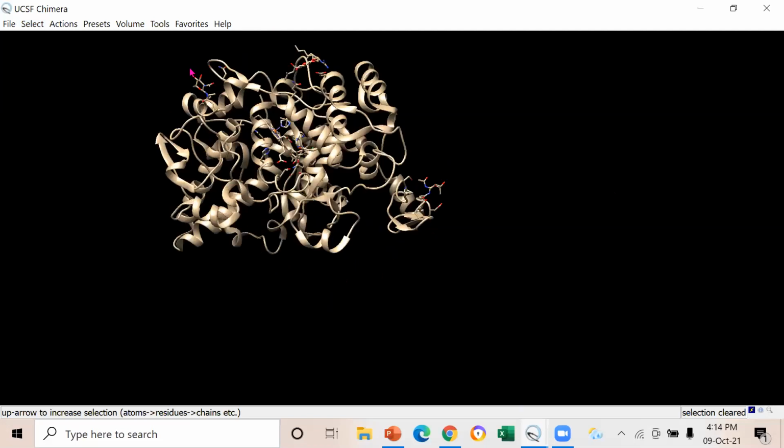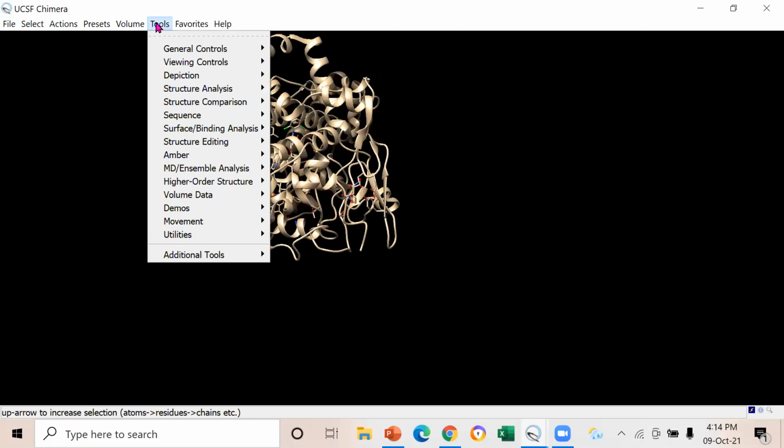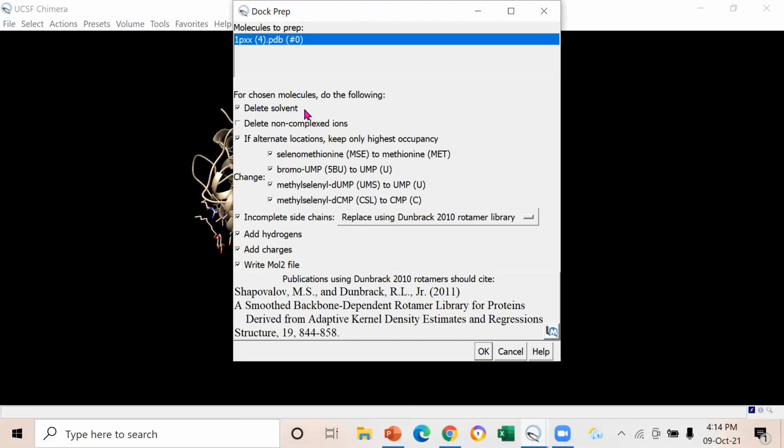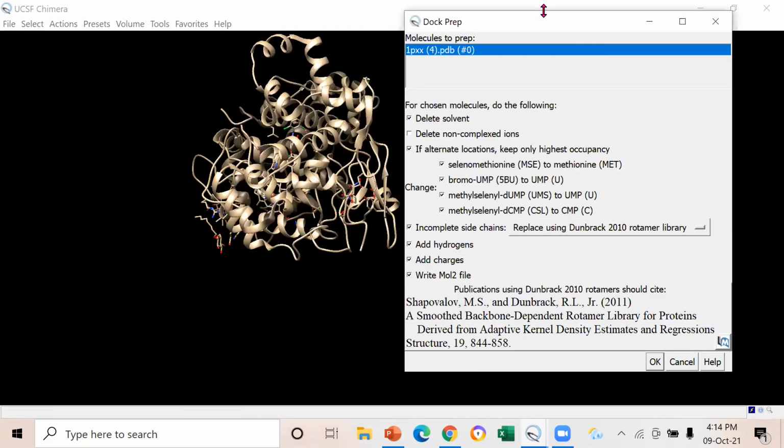Okay, and then we have the tool called Dock Prep. What it will do is remove solvents, and if there are any ions, it will remove those. Then it will add hydrogens, it will add charges. All these things it will do. Generally, you can use it for docking, whichever software you use. First, I deleted chains, as the quaternary structure of a protein contains many monomers, right?